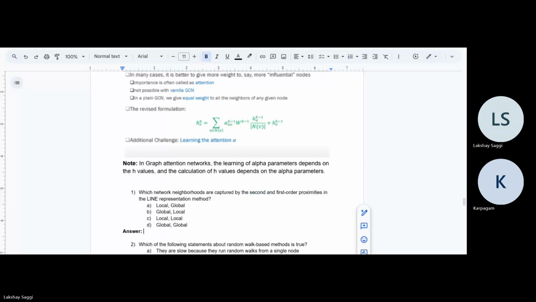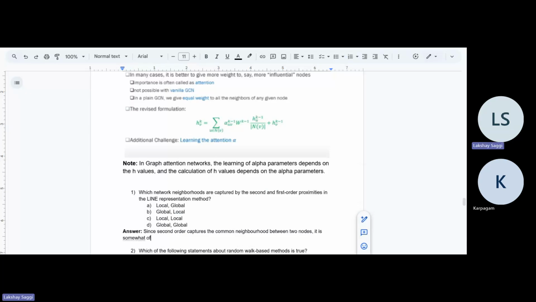So the answer is B, global comma local. Second order is global, first order is local. Since second order proximity captures the common neighborhood between two nodes, it is somewhat of a global property.